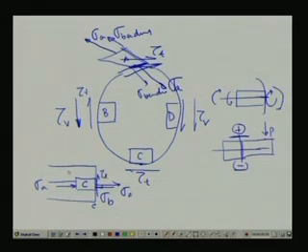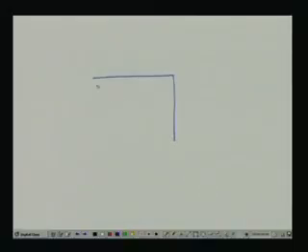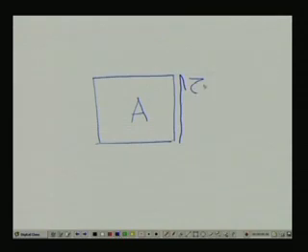So, in this manner, if we consider just the one element A, then what do we get? This is the element A, acted upon by a shear stress tau.